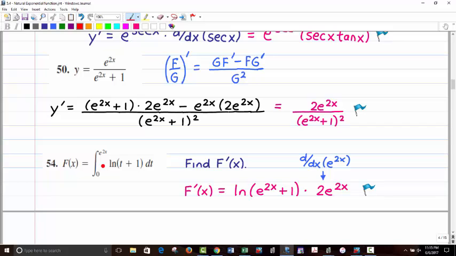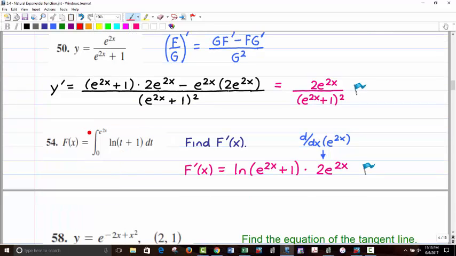This is the second. But all you have to do on these kinds of problems is, you're not actually integrating anything, but to take the derivative of this integral, the process involves just substituting whatever this upper limit is, assuming the bottom one's constant, which it will be. It would actually be subtraction if it wasn't. But assuming there's just any kind of 0, 1, whatever on the bottom, you put the e to the 2x in for the t, and then you take the derivative of e to the 2x and tack it on there.